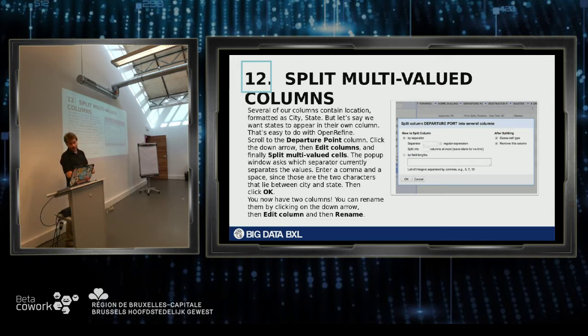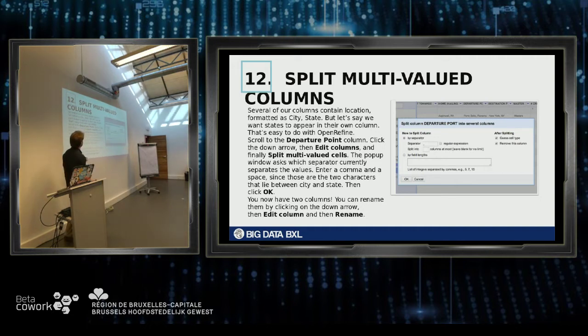Another interesting operation that OpenRefine is good at is, suppose you have a column and the content of that column is, let's say, a name of persons, and it's last name comma first name, and this is one column, but you actually like to have two columns out of it.